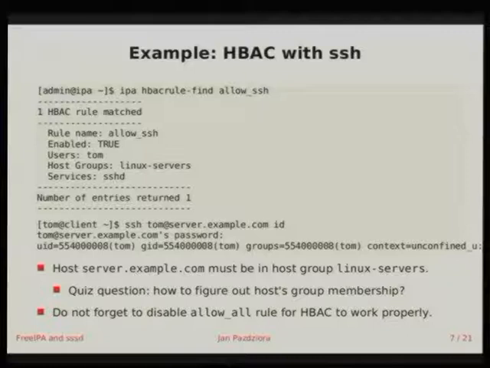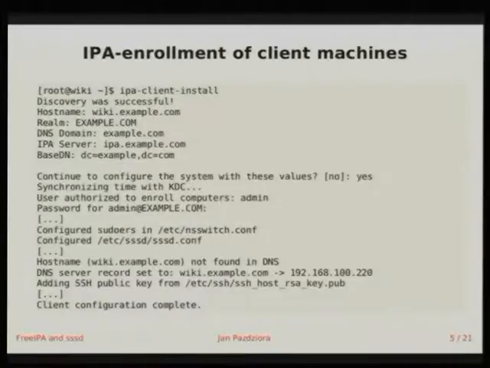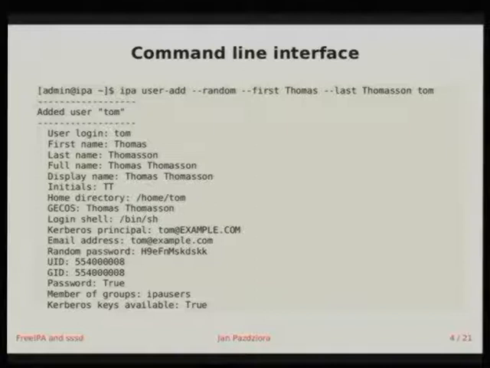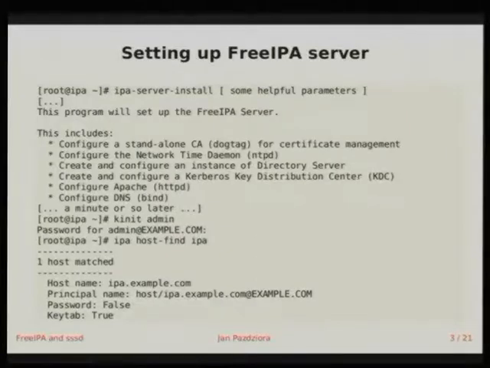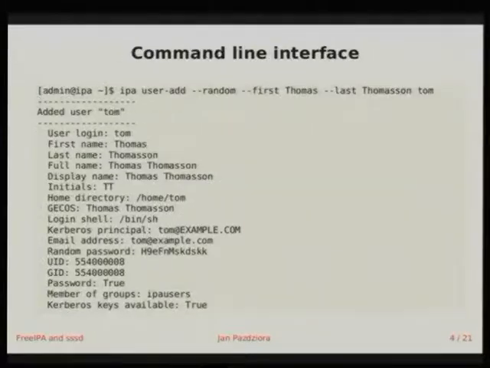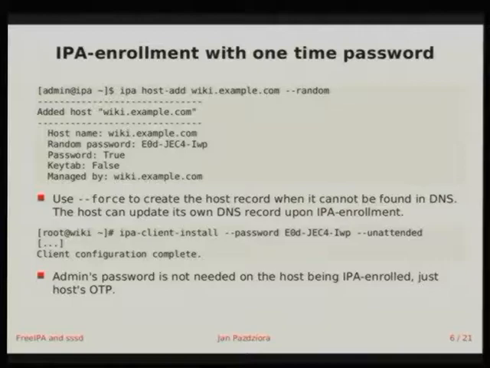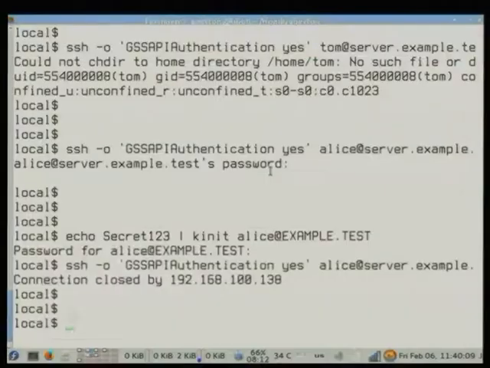But I'm mostly worried about the rule which says that Tom can log into hosts in group Linux servers. I showed you how to create a user, and I showed you how to find a host. So intuitively, what would you give to the IPA command as a parameter?